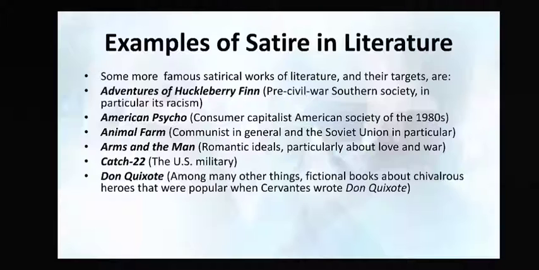Then we have Arms and the Man by George Bernard Shaw, who is targeting romantic ideals, particularly about love and war. Then we have the novel Catch-22, which is about the US military. And we also have Cervantes' famous work Don Quixote, which, among many other things, ridicules fictional books about chivalrous heroes that were popular when Cervantes wrote it. So these were some of the examples and the concept of satire in English literature.